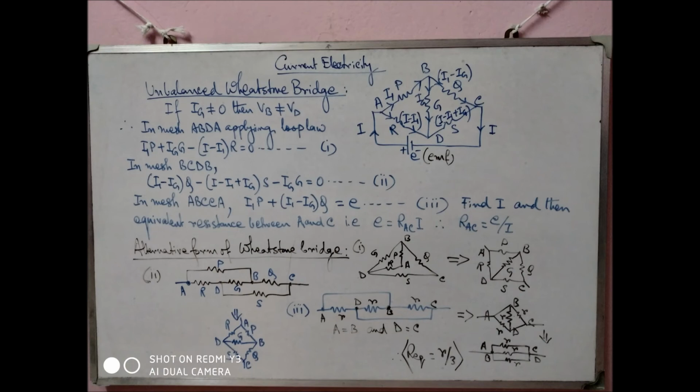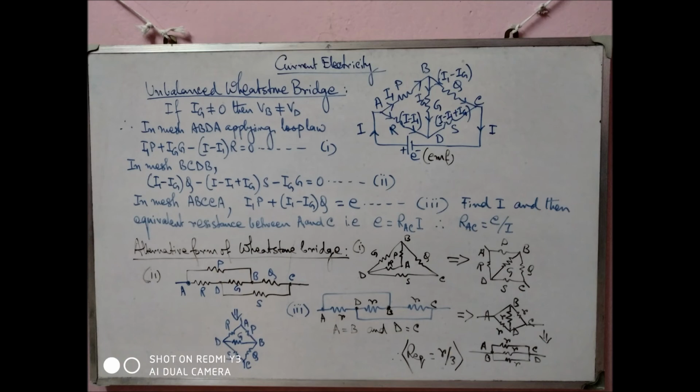Now we take the external mesh. External means outside the Wheatstone bridge network, that is A, B, C, E, A. When I am taking this, one more thing I am considering is that there is no internal resistance of the cell, or it may be negligibly small.